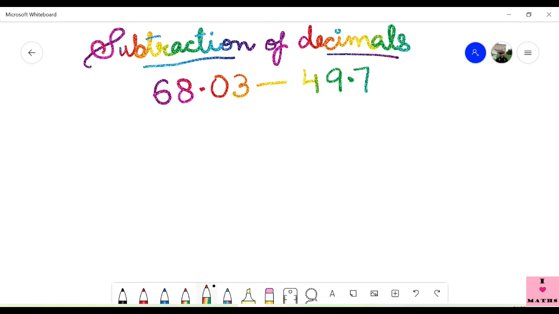So we will write it like this: 68.03, 49.7. See children, the most important thing is point should come under point.